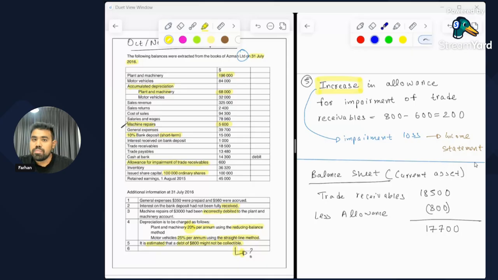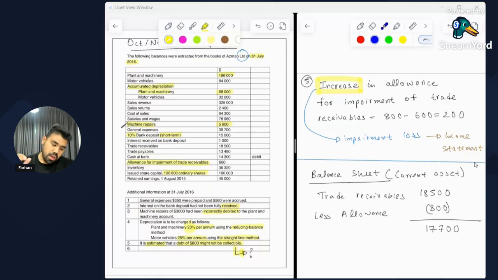So we may not be able to collect $600 from the credit customers. Okay. So this is what it's referring to. And this is based on mainly previous experience or historical data, based on what percentage of customers actually pay on time and what percentage of customers do not end up paying, right?